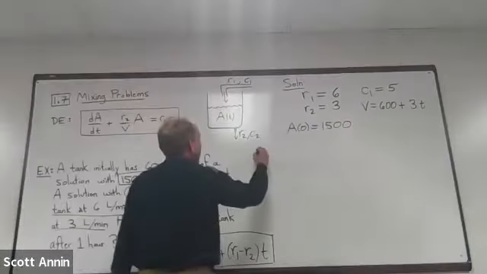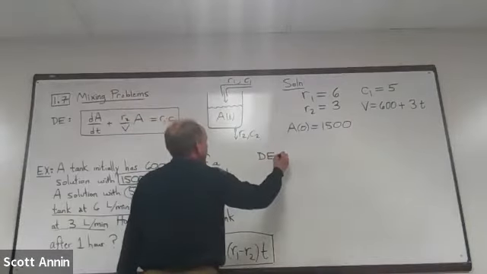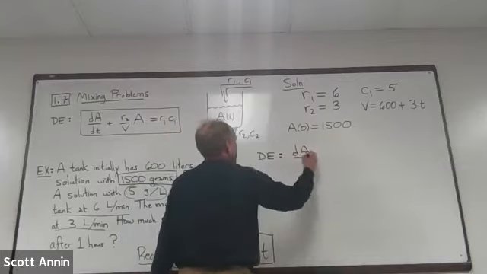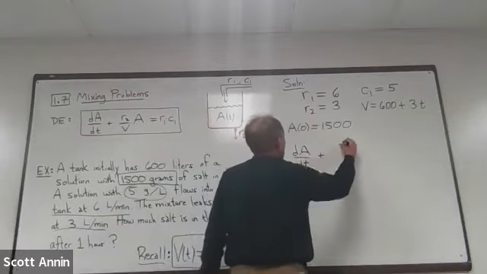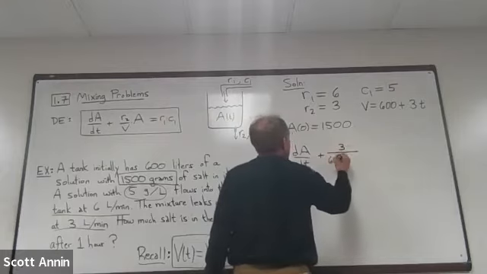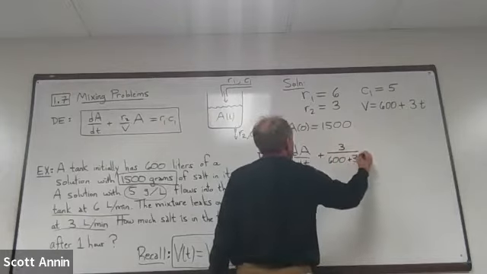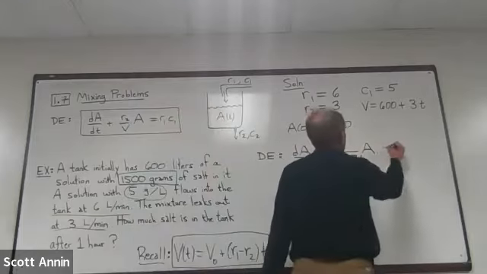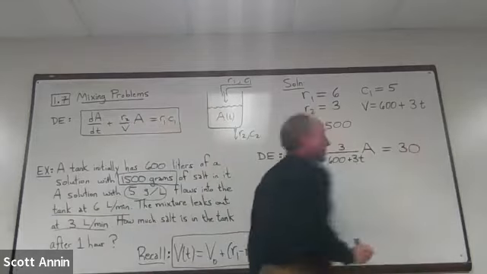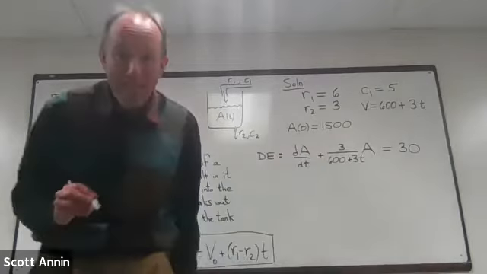Okay, so we've got all the numbers written down. Let's see what we can do. dA/dt plus R2 over V, that would be 3 divided by 600 plus 3T, that's times A. And then R1 times C1 is just simply 6 times 5, which is 30.